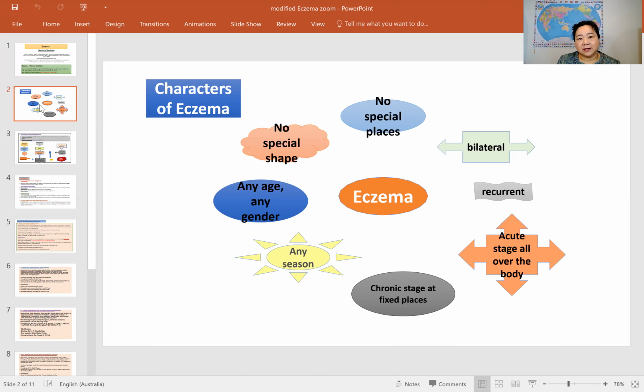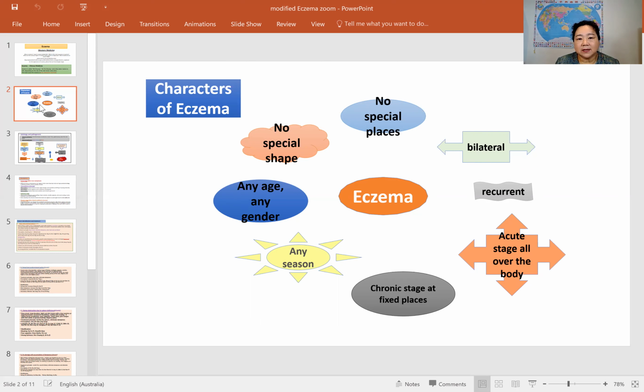The skin lesion has no special shape. It appears at no special places. It's often bilateral. You see it on both arms, both feet, or both sides of the body. It can happen at any age, in any gender.